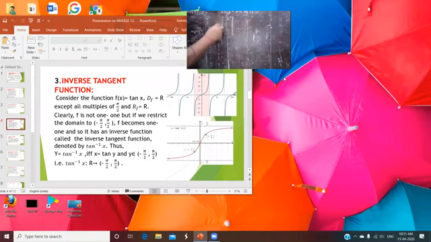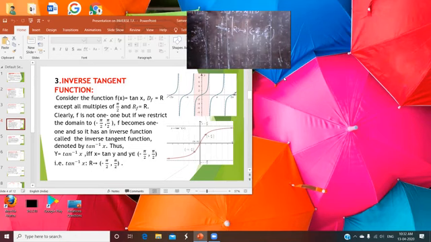So the tan inverse function is such that R, the real numbers, goes to the open interval minus pi by 2 to pi by 2. So R is the domain of tan inverse x, and the interval minus pi by 2 to pi by 2 is its range. You have to learn this one.